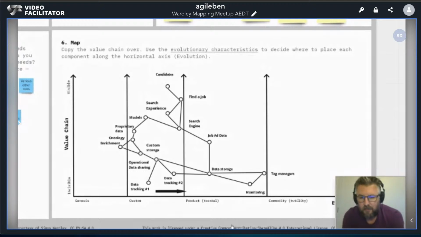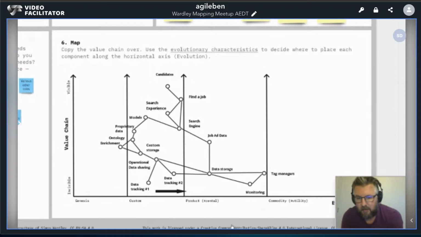And so if we were coming up with another data type that was completely novel to Seek, that component may be something that you map in the Genesis or custom areas of the evolution.